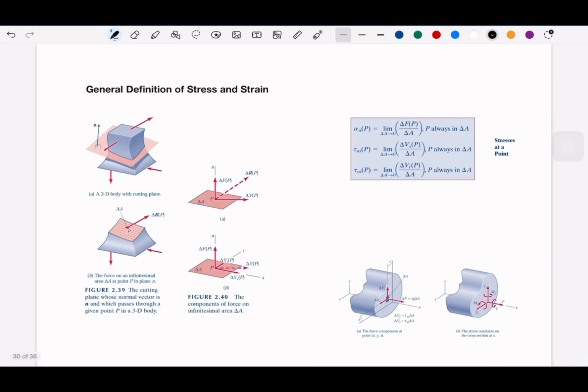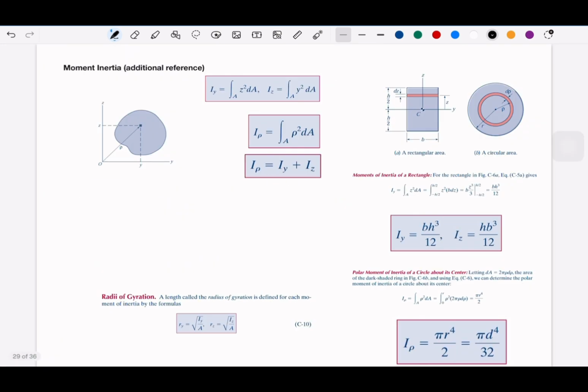Before we move here, let me just add some appendix from the textbook, because we are going to encounter what we call inertia. So let me just give you some overview. What is moment of inertia? Okay, I believe you know it in physics, but I will just give you some emphasis on which part we are going to see often.